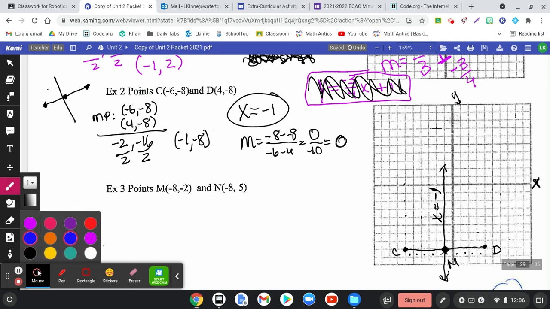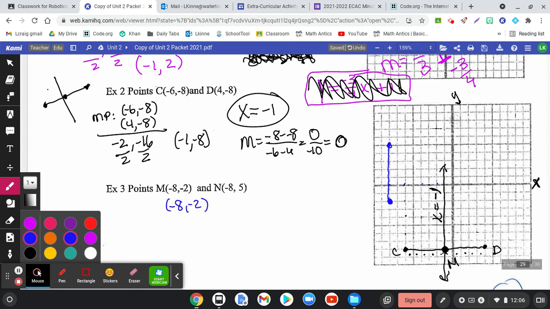Next one, similar to it. So -8, -2. So if I go back, -8, 2, 4, 6, -8, -2. And -8, 5. All right, so again, that has no slope. So my line that is perpendicular to it would be halfway between.